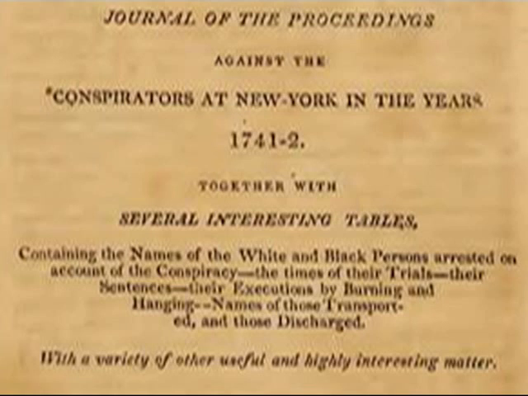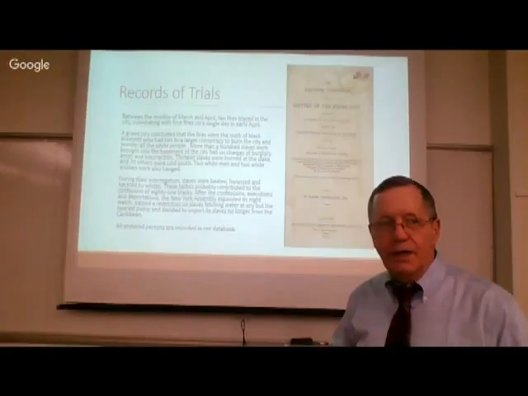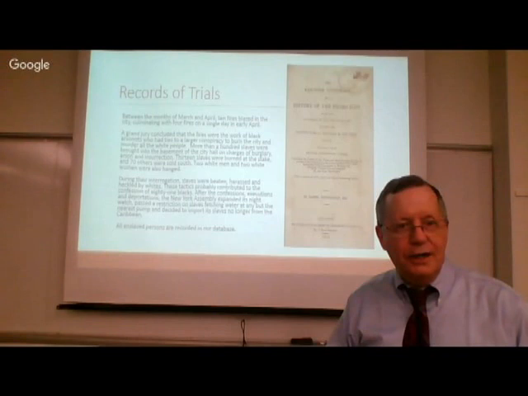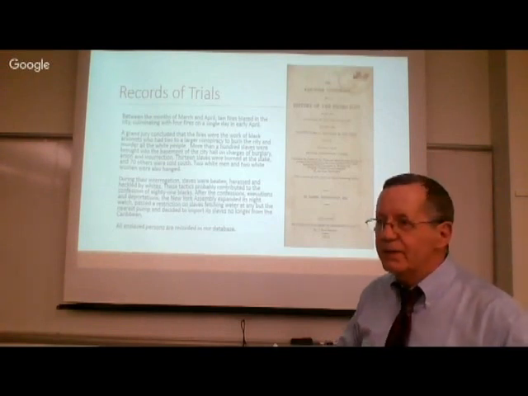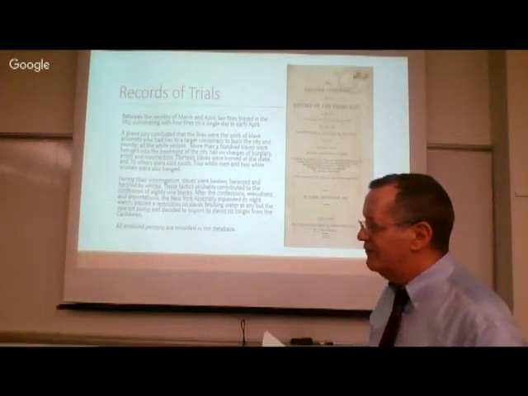And so this was a trial that resulted from 10 fires blazing in the city in April in 1741. More than 100 enslaved persons were charged with a conspiracy to ignite the city on fire.